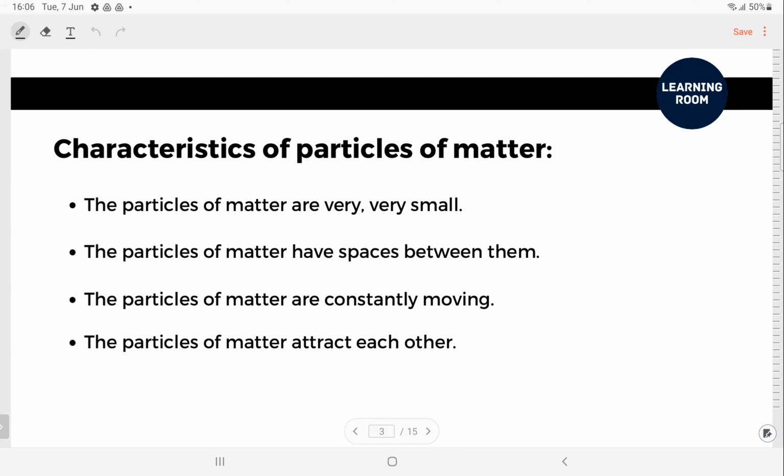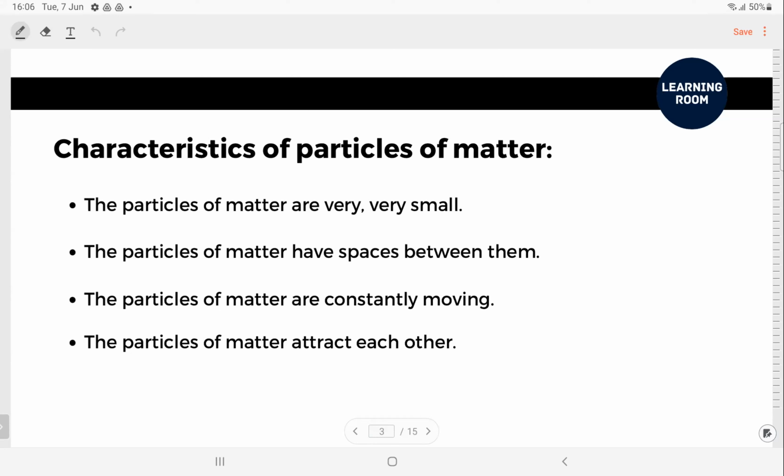There is an instrument known as a mass spectrometer. There are only two such instruments available in India. With that only can we see that it is a very, very small entity. Okay, so what happens if it is very small? Take this chalk, which is made up of matter.